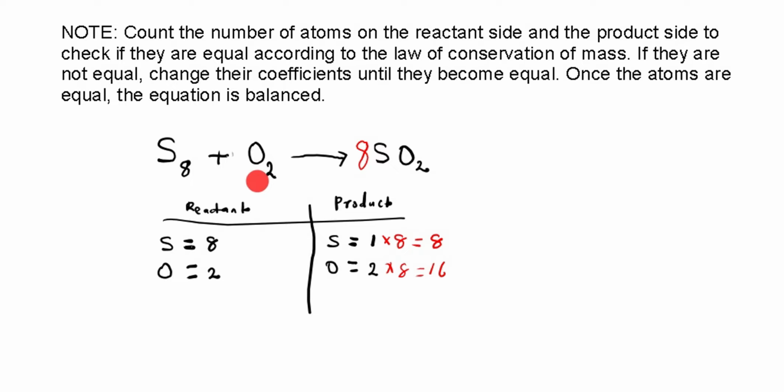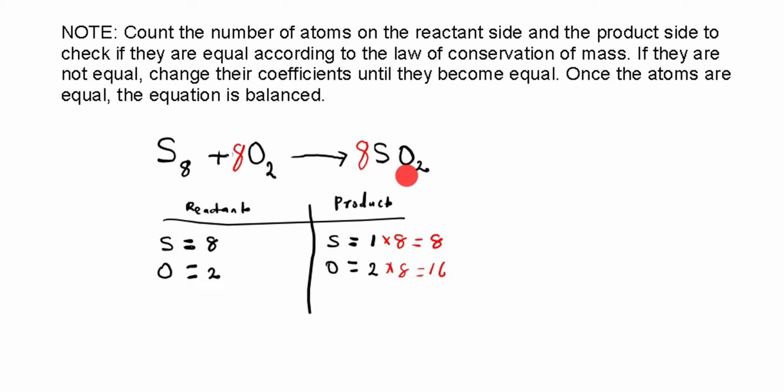So what do you do? You only change the coefficient. So you come here, you add 8 here. If you add 8 there, 2 times 8 will give you 16. So here we have 16 oxygen in the reactant side.